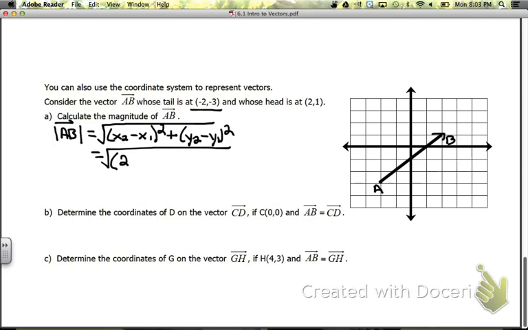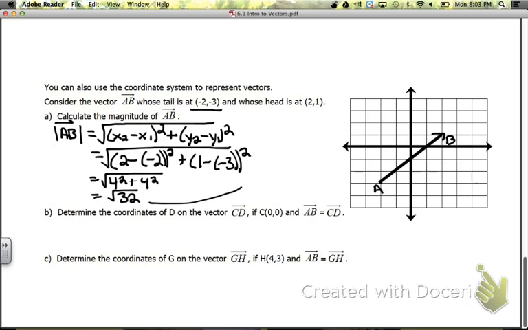So we have 2 minus -2 all squared plus 1 minus -3 all squared, which is equal to 4 squared plus 4 squared, giving us square root of 32. We can reduce that, okay, which is equal to 4 root 2. So that's our magnitude of our vector AB.